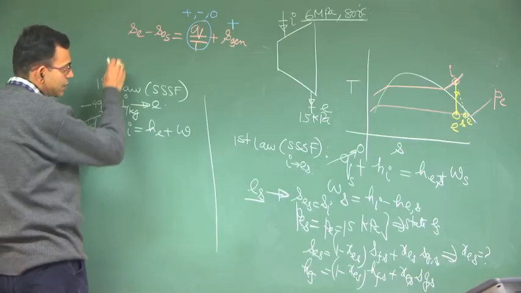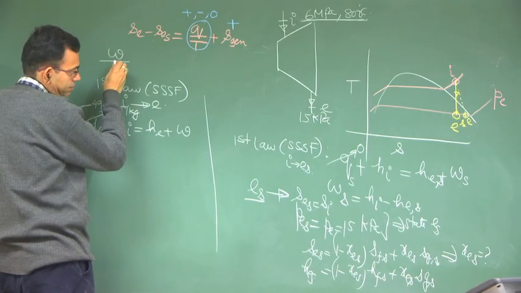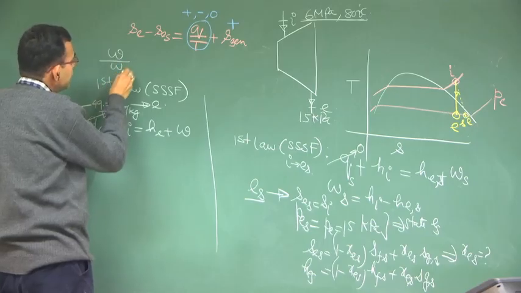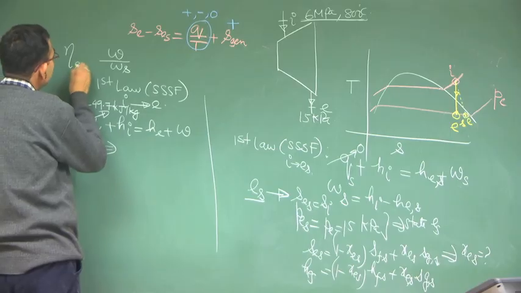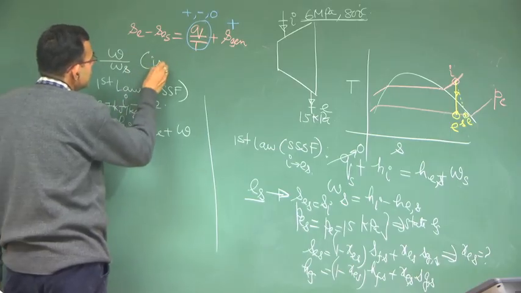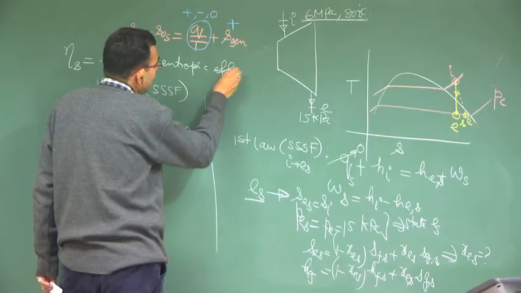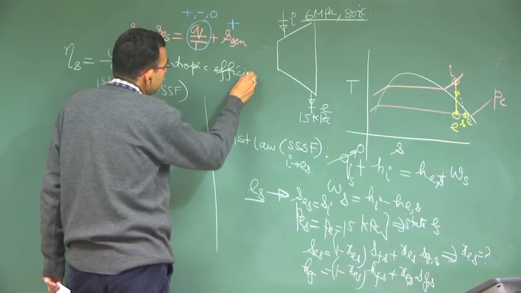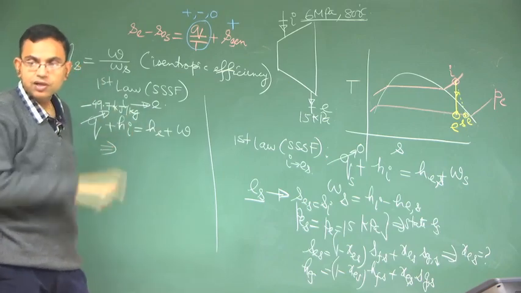Now, you know that the actual work divided by the isentropic or reversible adiabatic work is defined as the isentropic efficiency. This is the definition, please make a note of this. I will talk about the definition of isentropic efficiency of a work absorbing device also after I complete this problem.